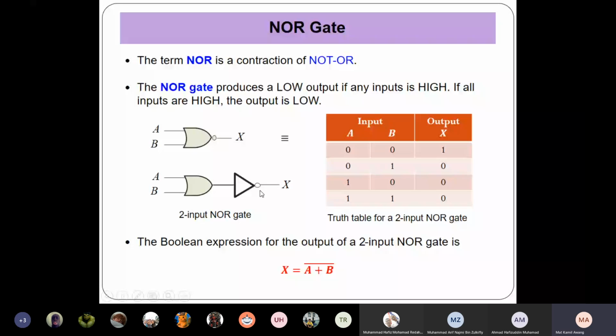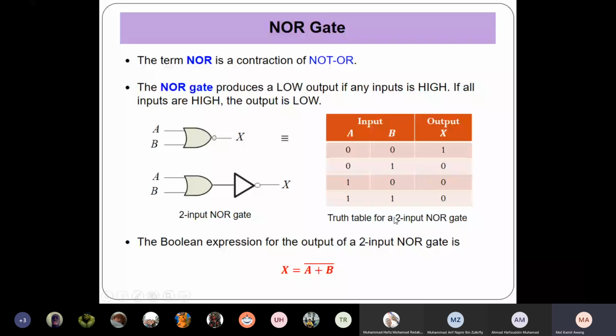Remember the OR gate is 0, 0 is 0; 0, 1 is 1; 1, 0 is 1; 1, 1 is 1. Then with the NOT, you invert the output. 0 becomes 1, 1 becomes 0, 1 becomes 0, 1 becomes 0. So this is the truth table for the NOR gate.